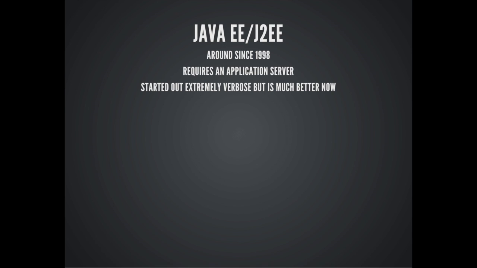You deploy a Java EE application to an application server, and there are a number of different solutions for that. For the latest version, Java EE 7, that was released a year and a half ago, there are currently three alternatives. There is Glassfish, that's the reference implementation. There is Wildfly, that's the new name of the JBoss open source version.